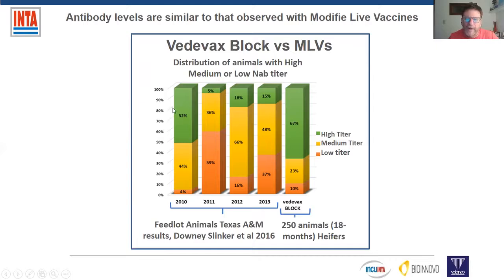These ones are with high titers, these are medium titers, and these are low titers. Animals with 2 doses of modified live vaccines. And in this case, they were immunized with VLPs. You can see there are different performances depending on the year, but in the case of VLPs, we have the best combination because we have 67% of high titers and 23% of middle titers and only 10% of low titers in our hands.